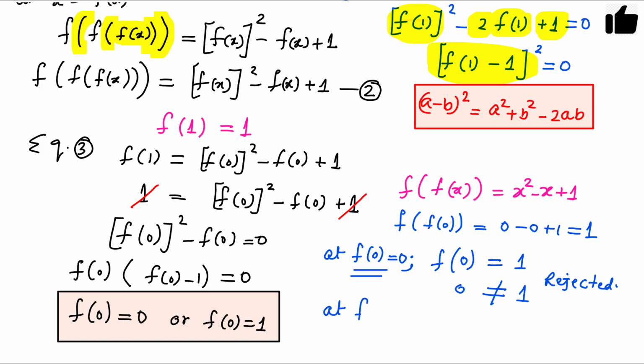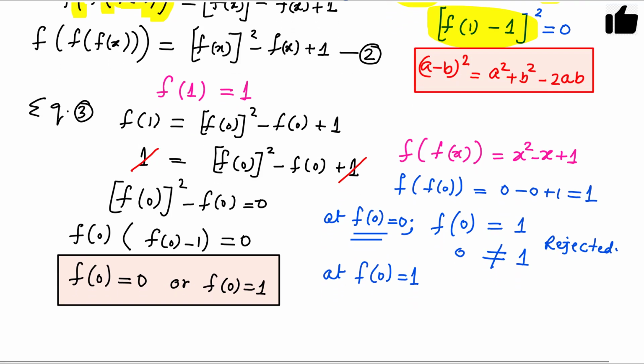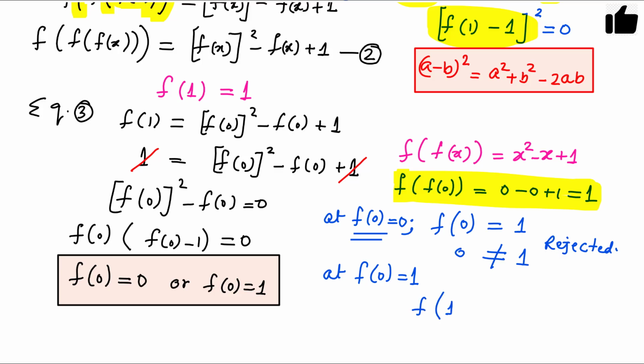Now the second solution: f(0) equals 1. If you consider this solution, in this expression f(0) will be 1, so f(f(0)) is f(1), and this side you will have 1.